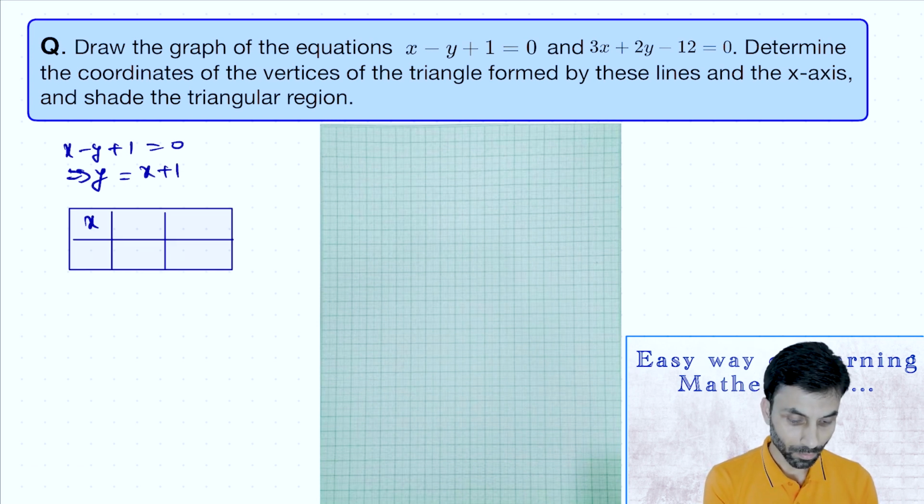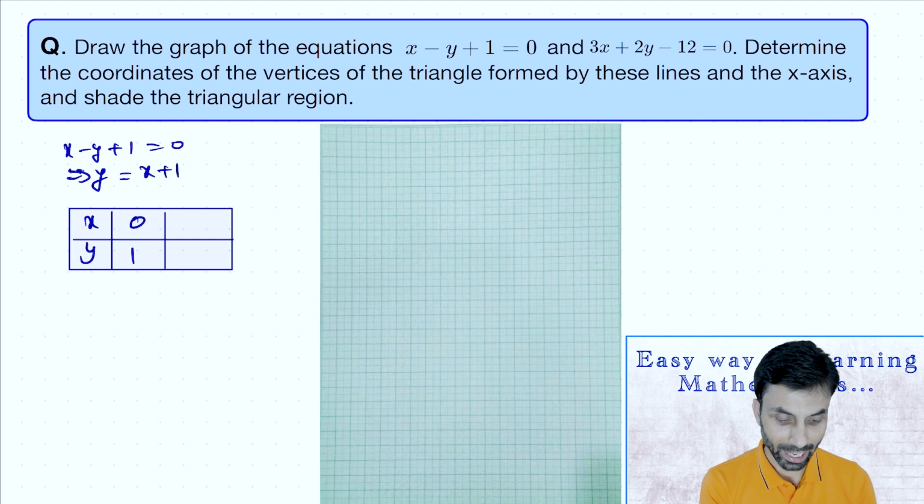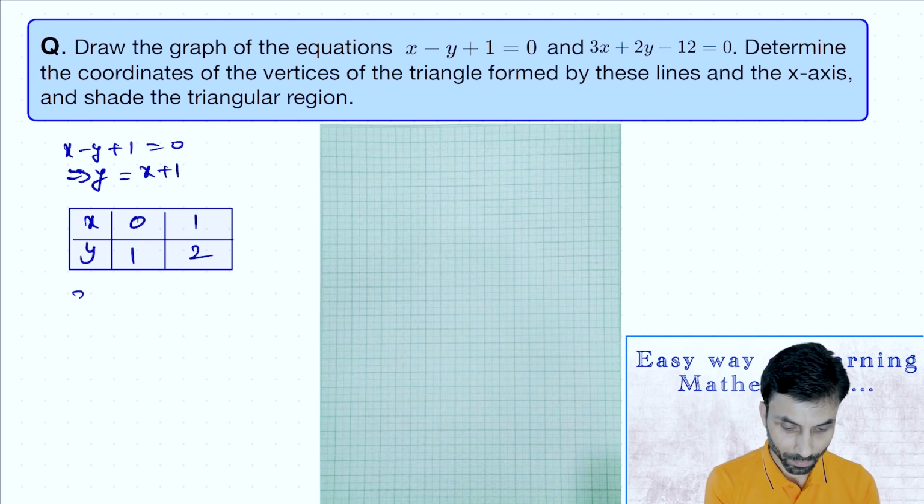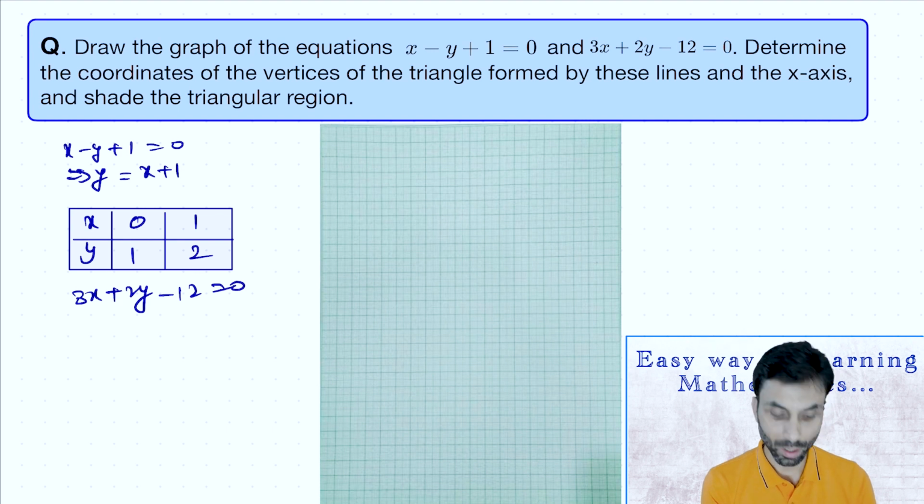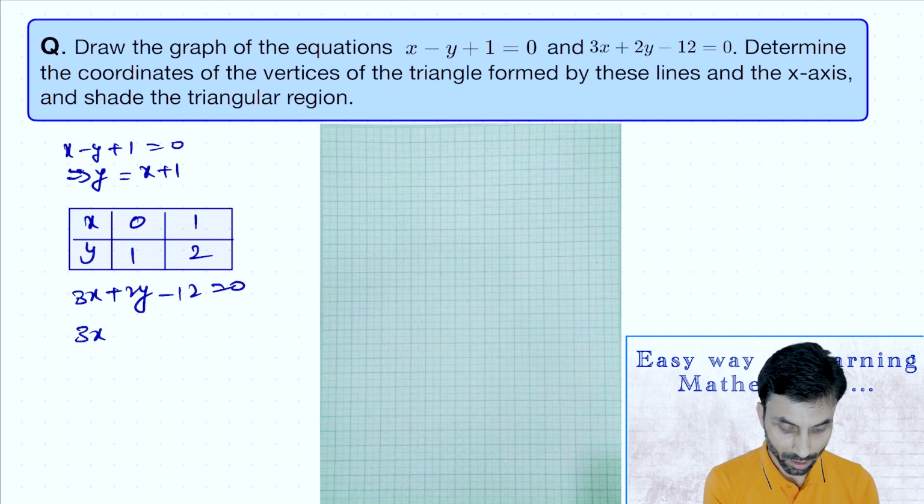Now, if you take x equal to 0, y will be equal to 1, and if you take x equal to 1, y will be equal to 2. Let's take the second equation also, which is 3x plus 2y minus 12 equals 0, which we can write as 3x equals 12 minus 2y, and so x will be equal to (12 minus 2y) upon 3.